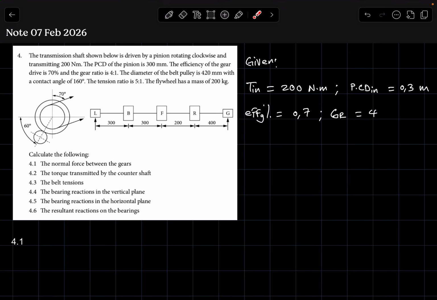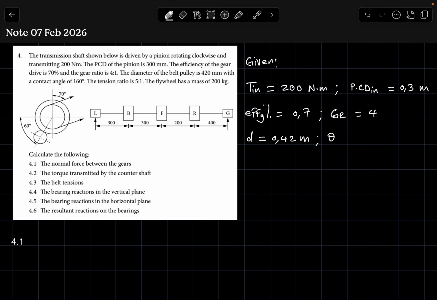So the contact angle of the pulley that is fitted onto our transmission shaft, or line shaft, is 160 degrees, which is obviously less than 180 degrees. This means the pulley that is fitted onto the line shaft is the smaller pulley, so the diameter is for the smaller pulley, which is 420 millimeters, that's 0.42 meters.